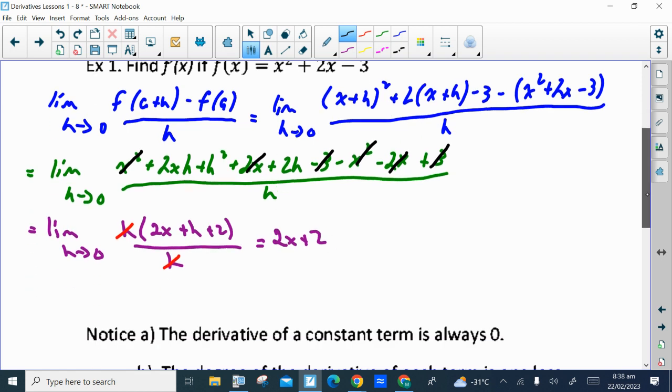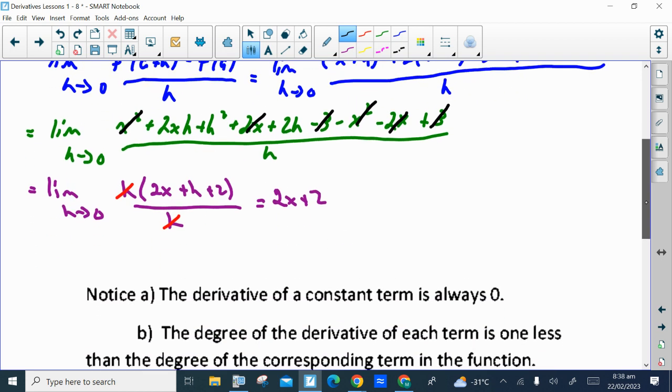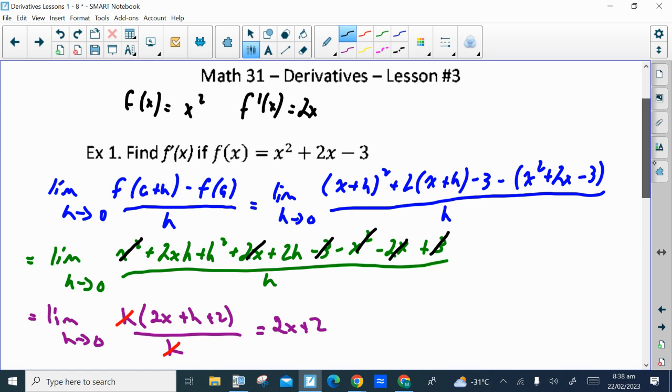So here's what we see. The derivative of a constant term is always 0. Okay? So if we look at x squared plus 2x minus 3, the derivative of the x squared term is 2x. Again, it's the same as what I wrote above here. We saw that one yesterday. So you see this 2x comes from taking the derivative of x squared.